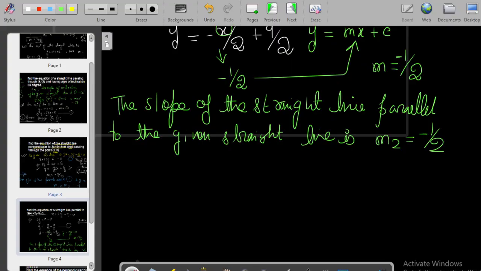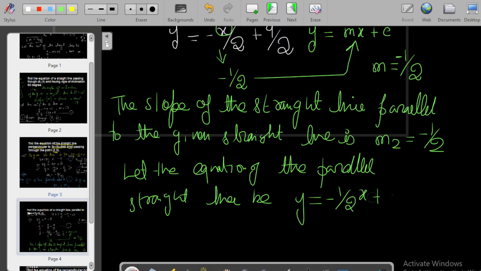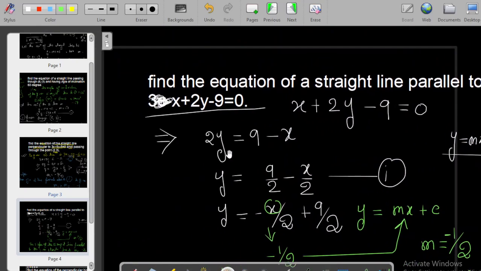So let the equation of the parallel straight line be y equals minus half x plus c, and we don't know the value of c. In order to find the value of c we need a point, but as you can see in this equation we don't have a point.